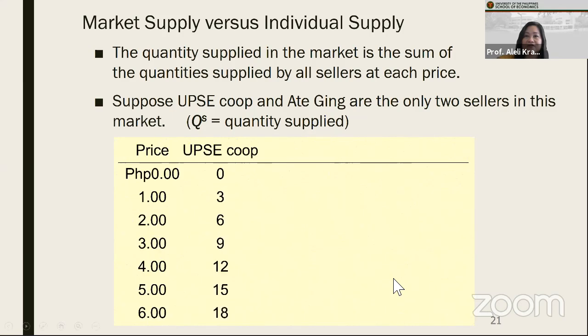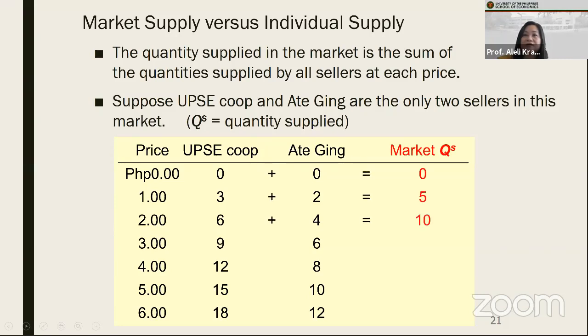Suppose this is the supply of the UPSE Co-op, and Atiging, our food supplier at the UPSE canteen, is now willing to supply siomai at different prices. For the same price, at 1 peso per siomai, Atiging would be willing to supply 2 units, while the UPSE Co-op will be willing to supply 3. Therefore, the market supply is just the sum of these two sellers' individual supplies.